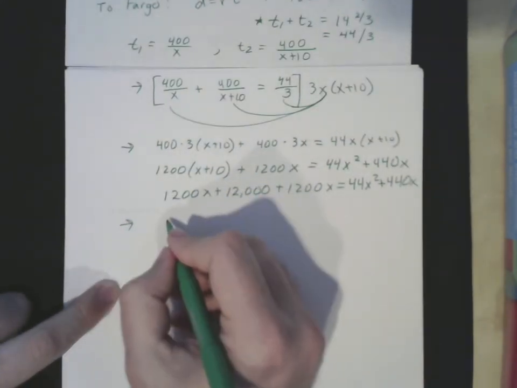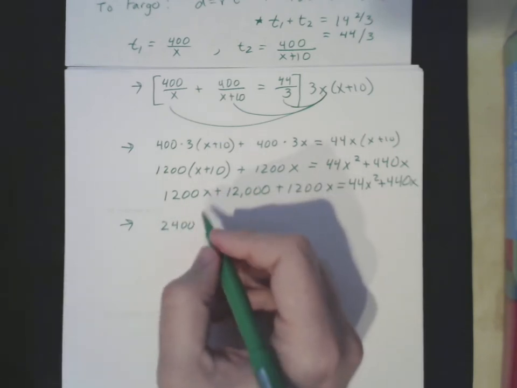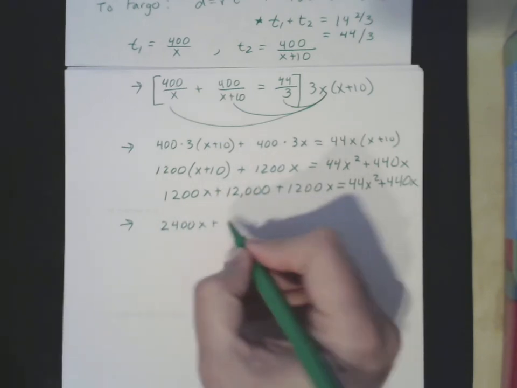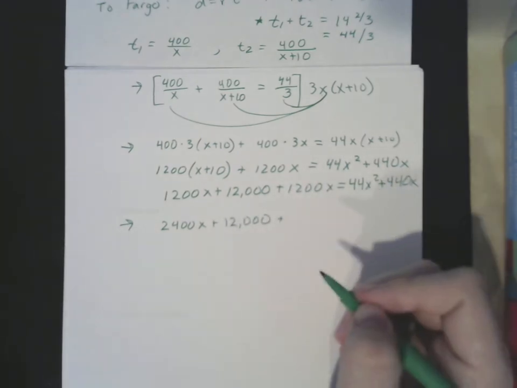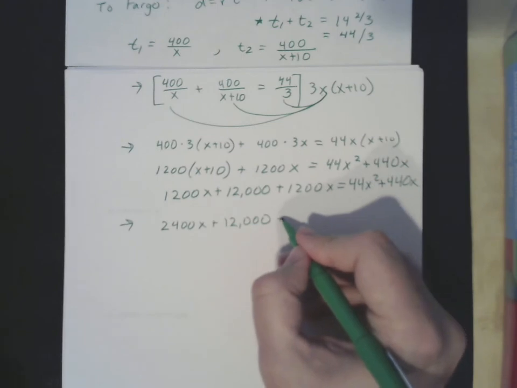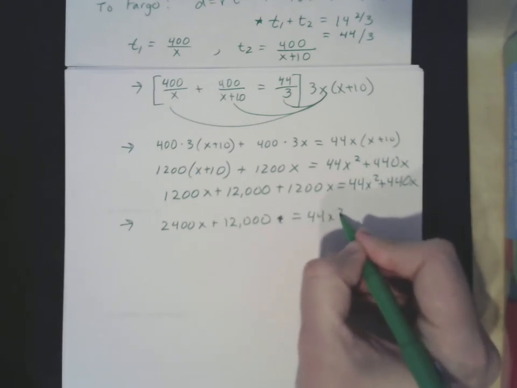So collecting like terms, 2400x plus 12,000, not plus, equals 44x squared plus 440x.